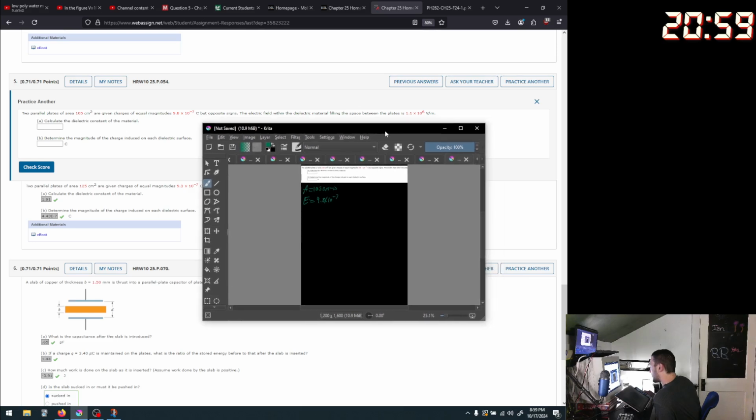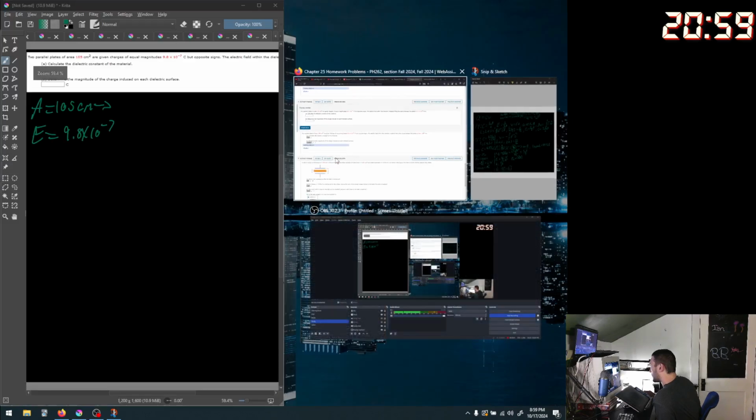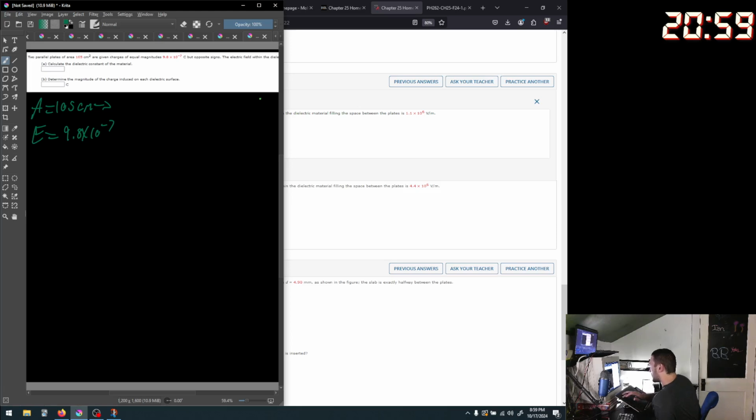Dielectric material filling the space between the plates, 1.1 times 10 to the 6. So the dielectric material, what would that be?